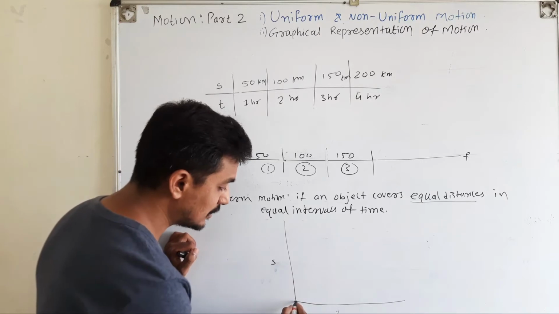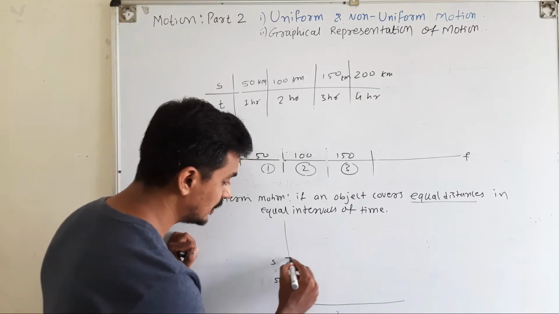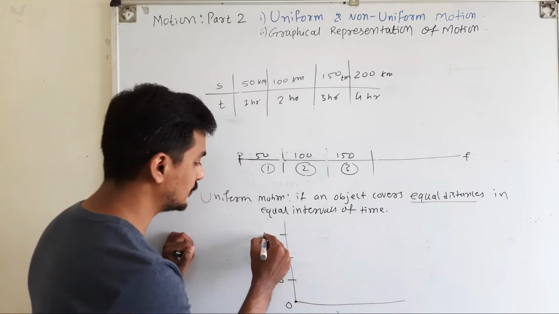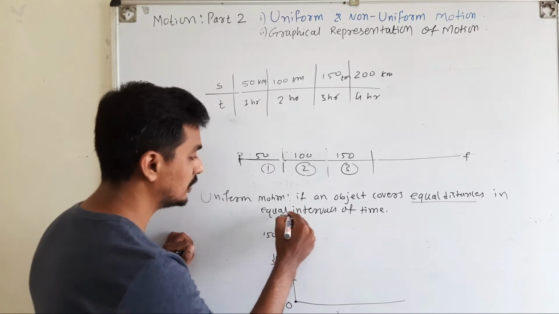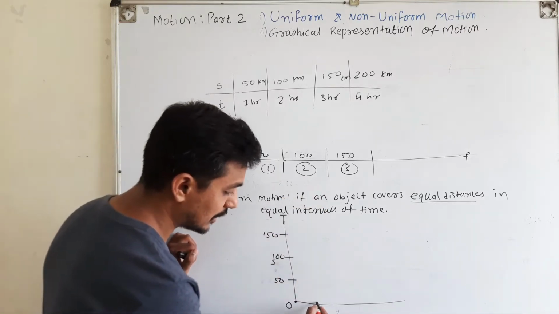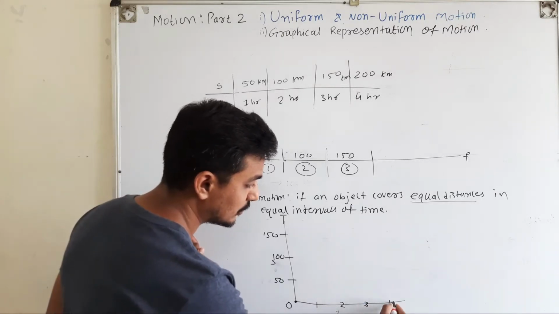Let us divide this distance into equal parts of 50, then 100, then 150, then 200. And time, let us say we divide into 1 hour, here 2, here 3, here 4.